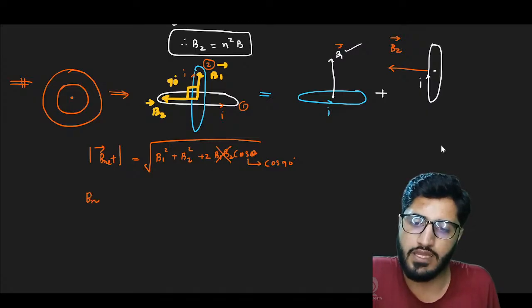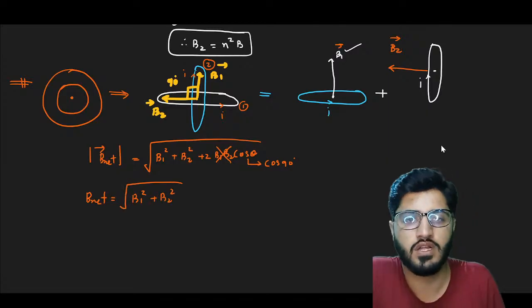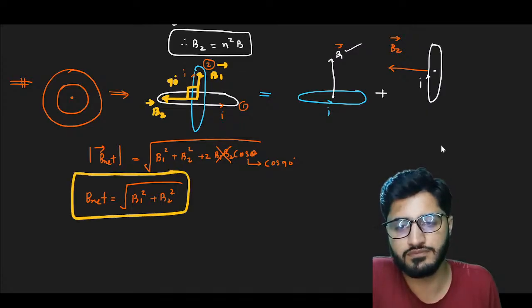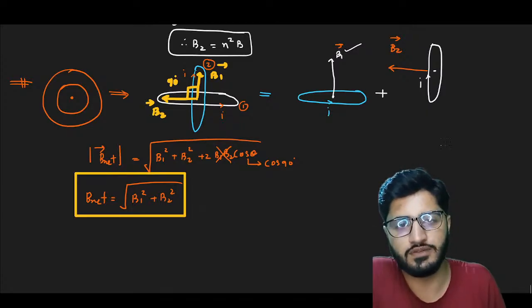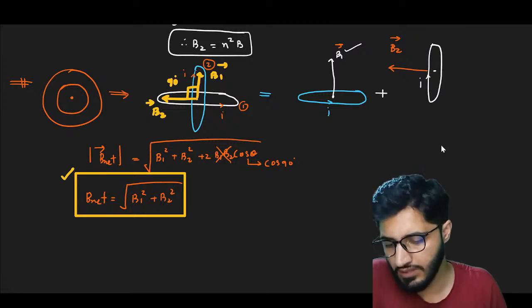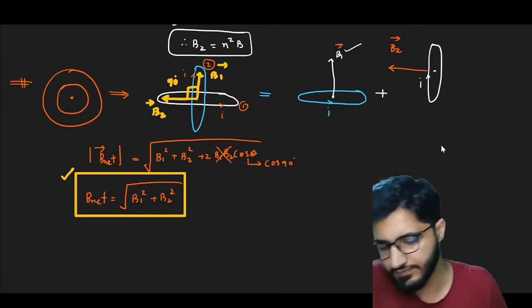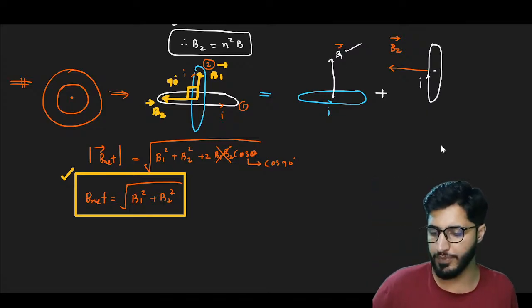So my B net came out to be the square root of B1 square plus B2 square. This is my answer. Easy? Easy or super easy?